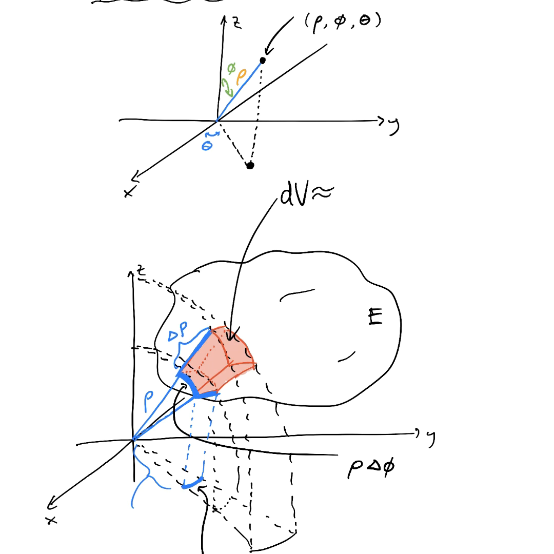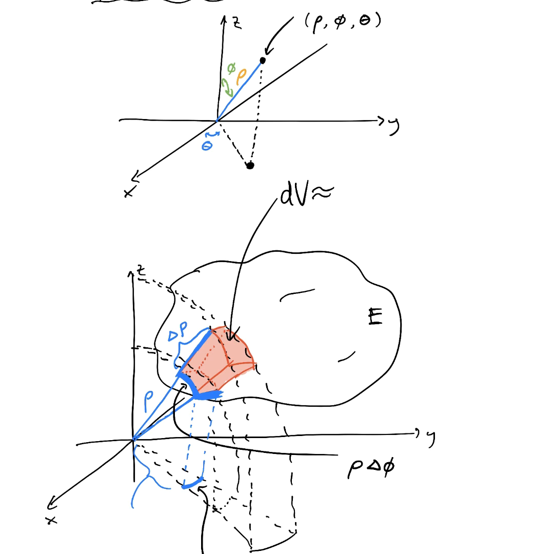Okay, now this last dimension, so this one here, that dimension comes from fixed rho, fixed swing down angle, so fixed phi, and a tiny little amount of change in theta.